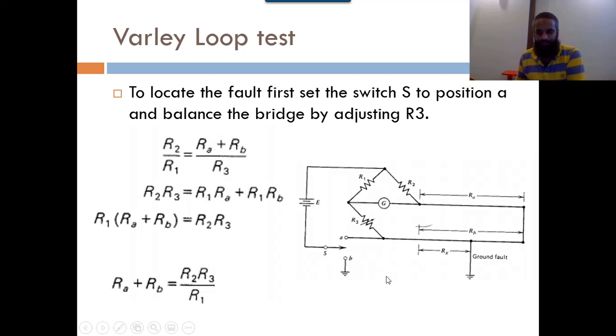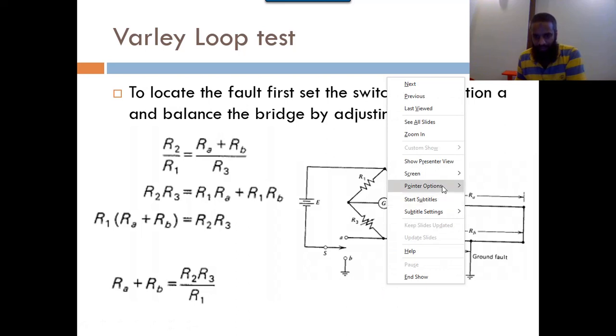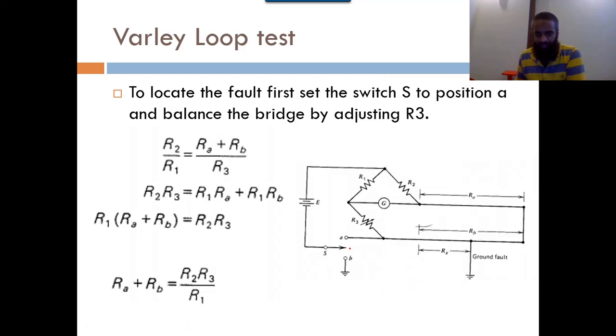So if we draw the line like this, the B point is directly connected with this point. So it shows that now we have R3 and Rx on one side, and Ra plus Rb minus Rx on the other side. So by changing these values, we can calculate the overall value of the system.